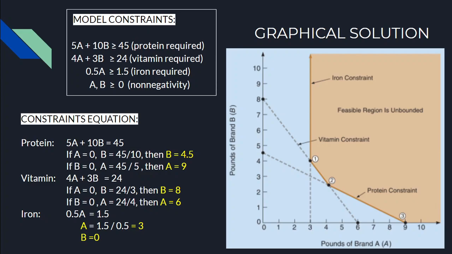So dito, sa ating graph, paano natin ma-determine? Kung maalala nyo, yung feasible region natin sa maximization model is within nung bounds, within nung constraint lines. Pero dito sa minimization model, kabaliktaran, yung nasa labas ng ating line constraints.